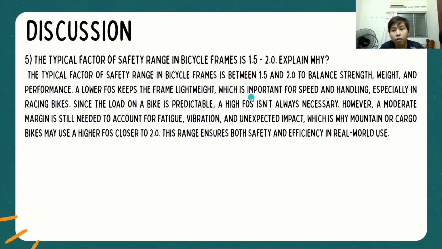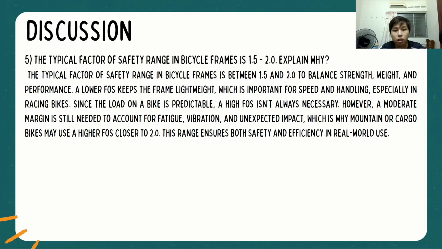A lower factor of safety keeps the frame lightweight, which is important for speed and handling, especially in a racing bike. Since the loads on the bike are predictable, a high factor of safety isn't always necessary.